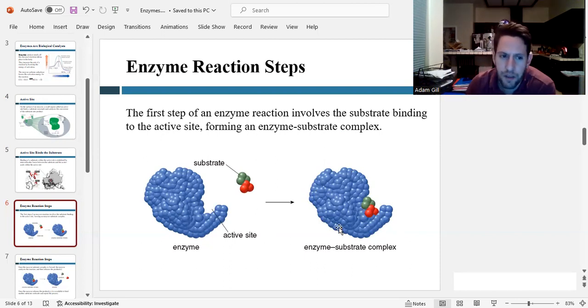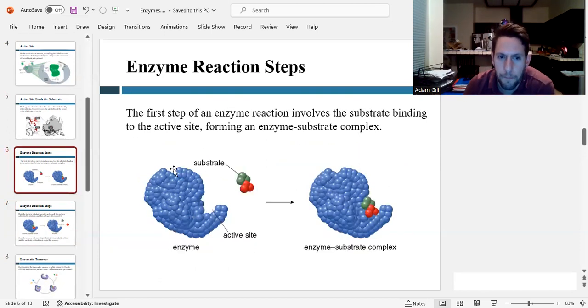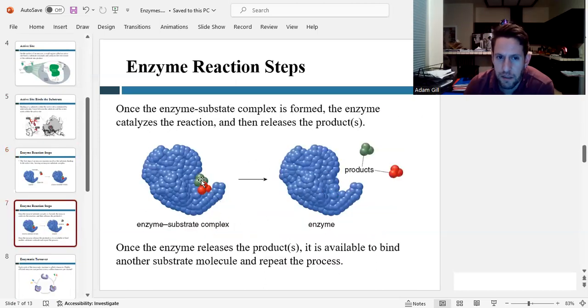That's the first step. And then once you've formed the complex, then the enzyme will catalyze the chemical reaction. It will convert the substrate into product and then release it. So binding of the substrate to form the complex. Complex catalyzes the reaction and then releases the products.